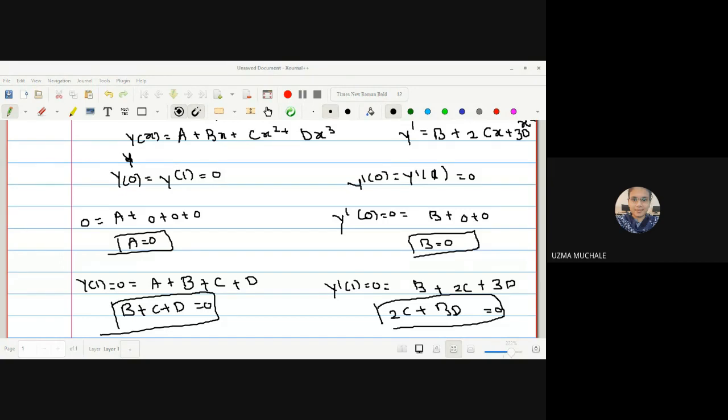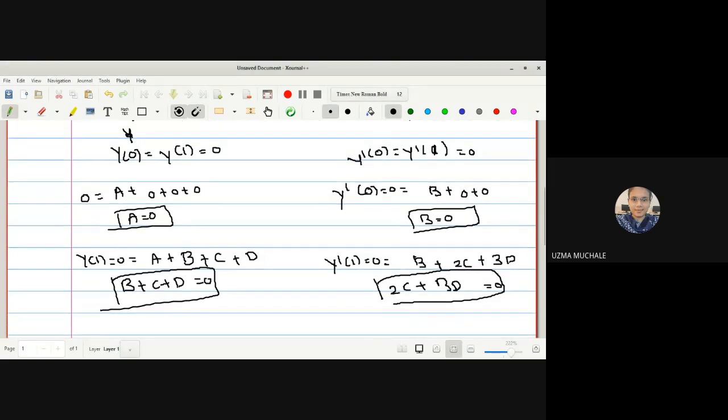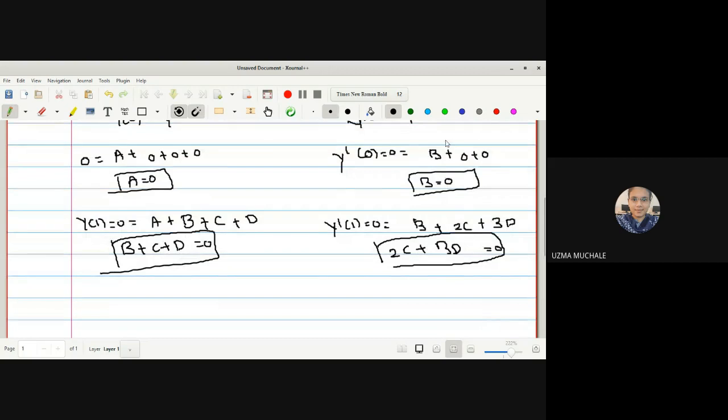Now we get two equations in two unknowns. Already we have got the values of A and B. Substitute in these equations. Here you can substitute the value of B as 0, and hence we get C plus D equal to 0 and 2C plus 3D equal to 0.